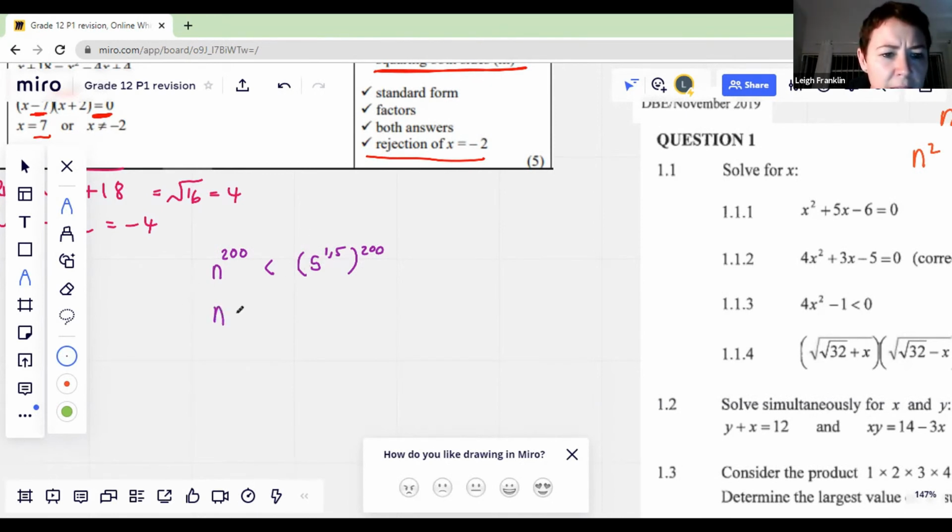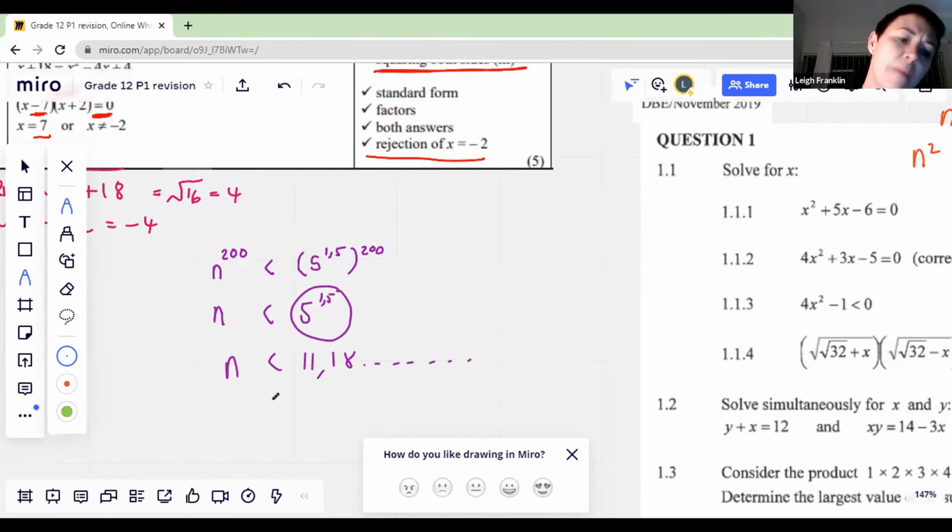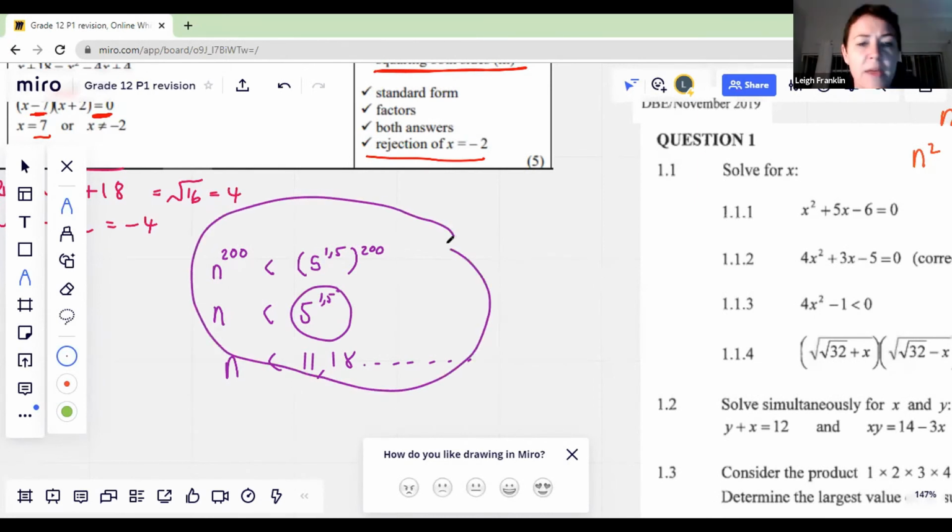So then you would have had n is smaller than 5 to the power of 1.5. What did this come to when you did that on your calculator? I got 11.18. Then I rounded off. Yeah, that's fine. That would be absolutely fine, because then you would end up with n being smaller than 11.18, whatever. So therefore the maximum value would still be 11. Perfect. 100%. It's not something I would have thought of, but there's nothing wrong with that. Okay, well done. Good job.